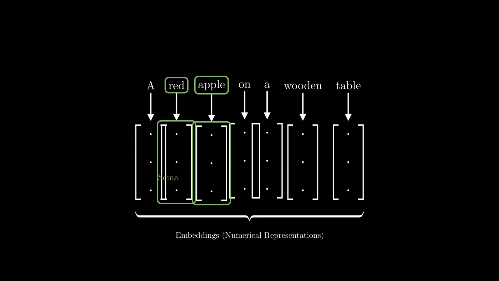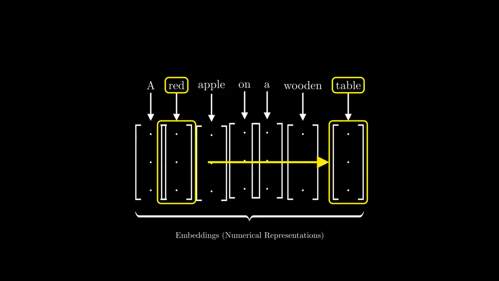For example, the encoder learns that words like "red" and "apple" are conceptually related. They often appear together and describe a common object. As a result, it places their numerical embeddings very close to each other in that meaning space. We can visualize this as them being semantically close. The mathematical distance between their vectors is small. On the other hand, what about words like "red" and "table"? While a table can be red, the conceptual link is much weaker than between "red" and "apple."